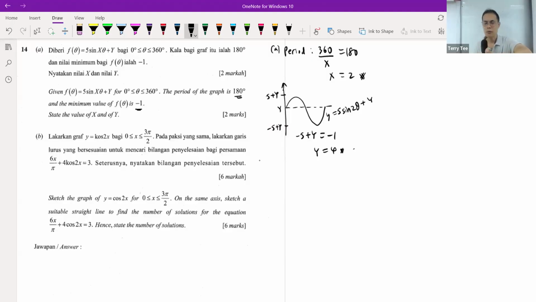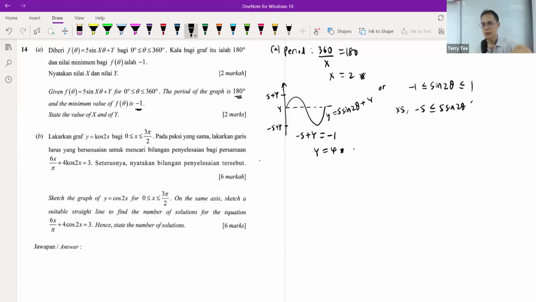This is one way, quite easy, but I know some people don't want to sketch a graph. The alternative is to use the range of sine. We know sine of x theta, in this case 2 theta, is always between -1 and 1. Then you multiply everything by 5, on the left and on the right.